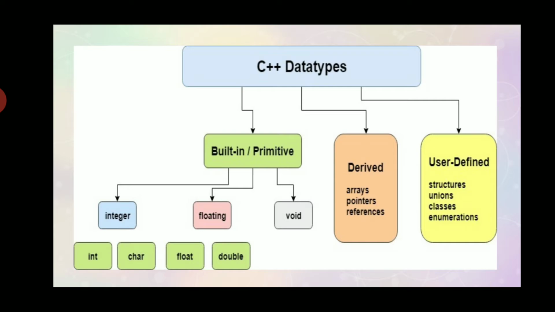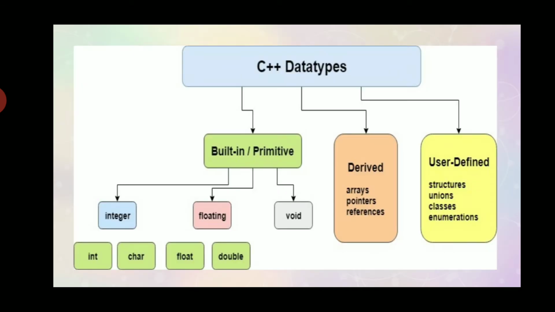The next one is void. What does void mean? Void is a data type which returns 0 or nothing. That means int takes 2 bytes, character 1 byte, float 4 bytes, double 8 bytes, but void is null, nothing.